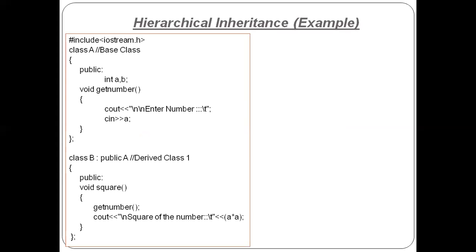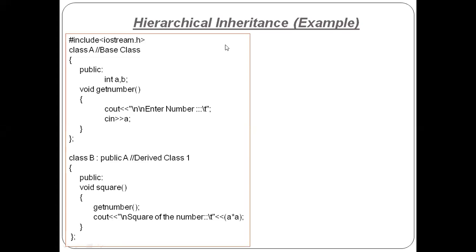Here class A is the base class, and inside that there are two members, a and b of integer type, and one function, get number, which accepts a number from the user. That class is derived inside class B, and inside class B we calculate the square of that number. For that purpose, we call the function which is available inside the base class, here get number.